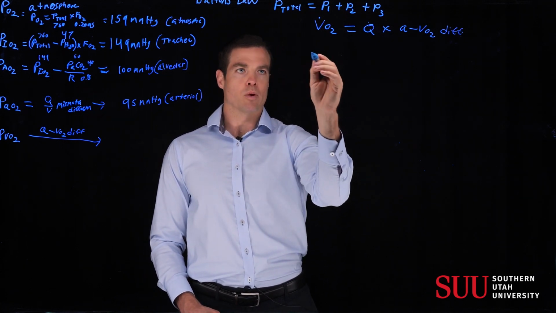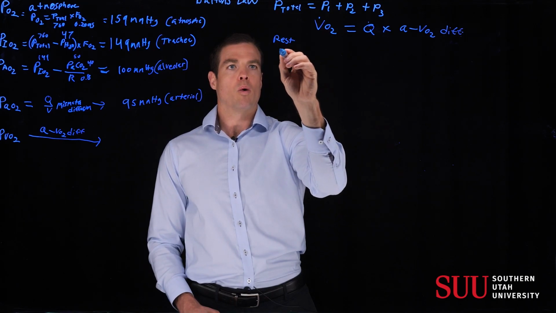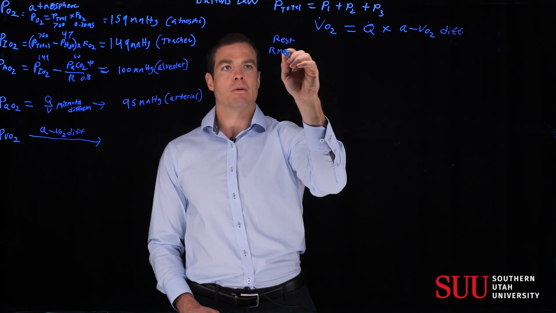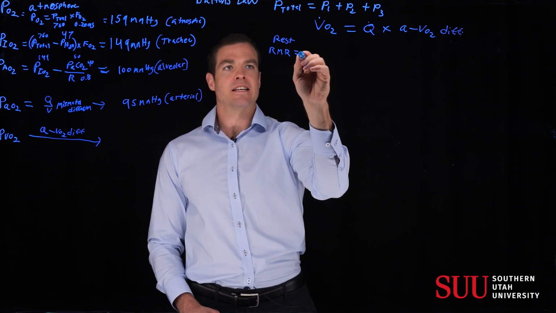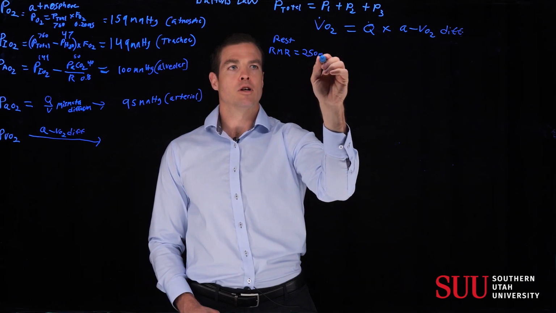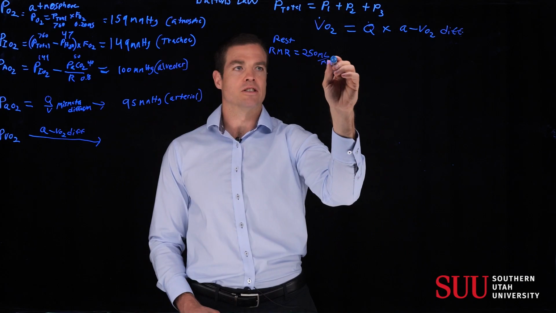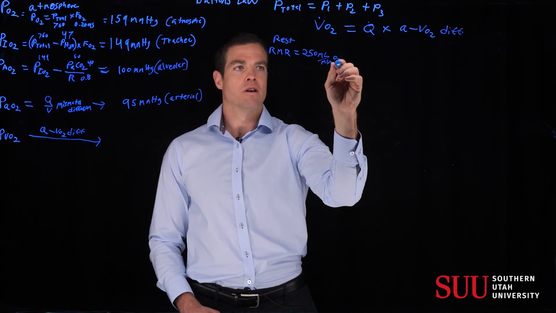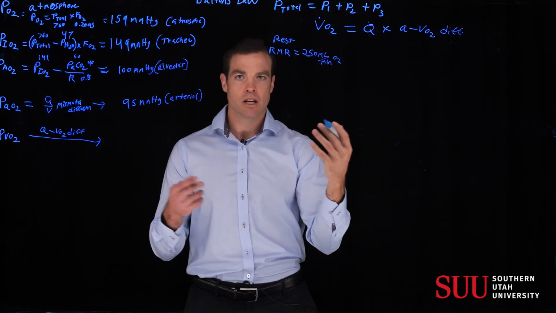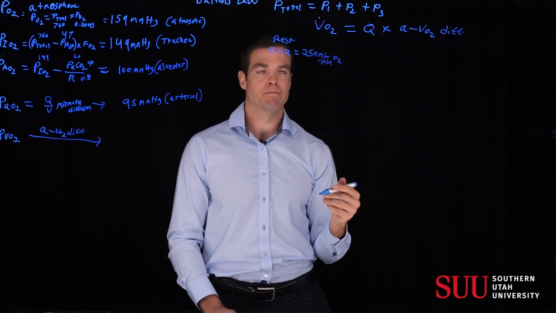We know that at rest, our RMR, our resting metabolic rate, is going to equal about 250 milliliters per minute of oxygen. All right, that's what we need. Our basal metabolic needs is about, for like a 70 kilogram individual, the RMR of 250 milliliters per minute.